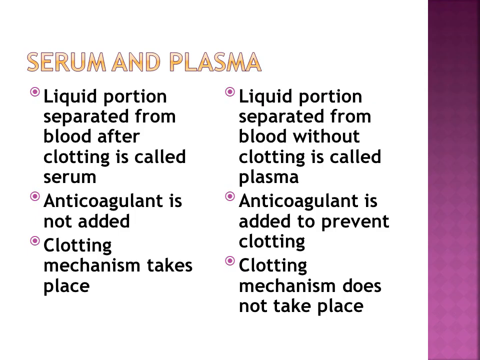Serum is mainly used for investigations of biochemistry or serology, and a plain bulb is used for collection of the blood. Plasma is used mainly for blood coagulation tests like PT, PTT, APTT, or blood sugar tests, where a fluoride bulb is used, and for blood coagulation tests a citrate bulb is used.